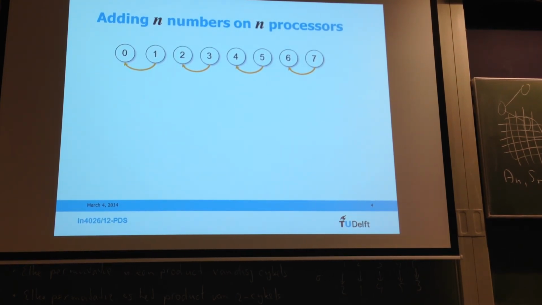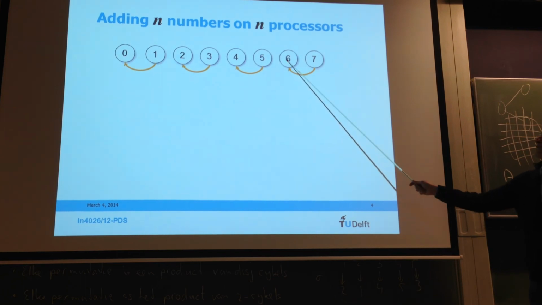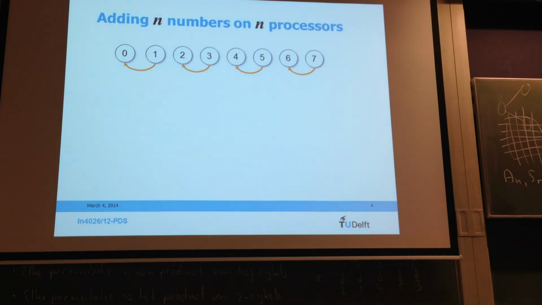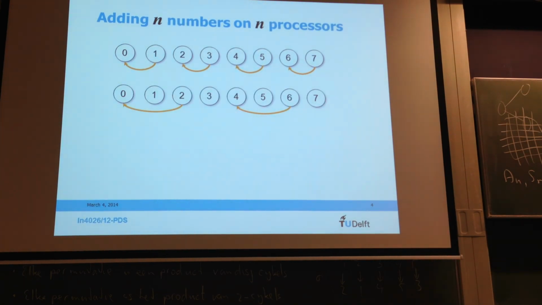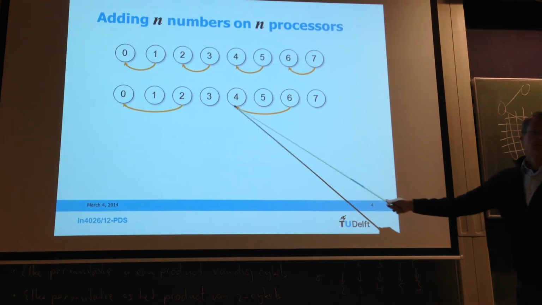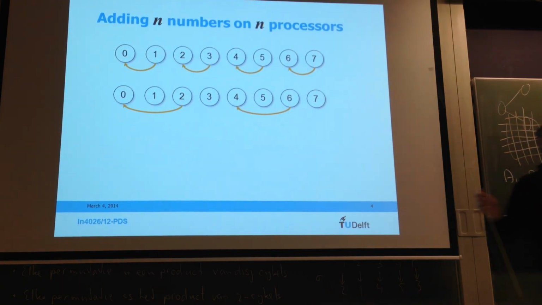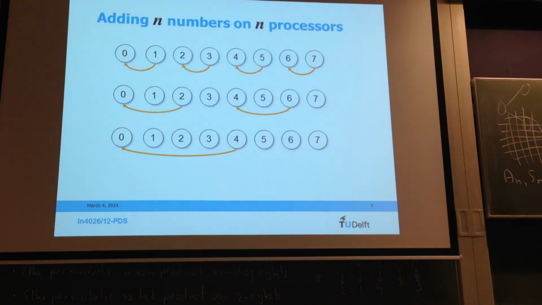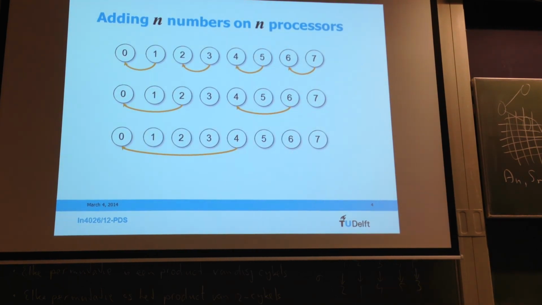So this processor sends its data to this processor, and then it adds up, and the other one does the same. And the logical next step is that half of the processors have the result and do the same trick again. And then finally, in the last step, the final result is added.